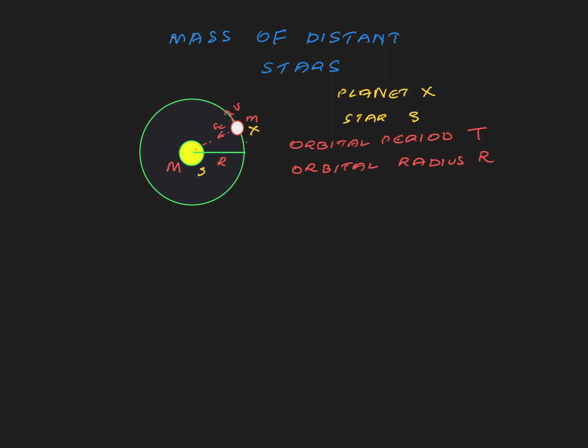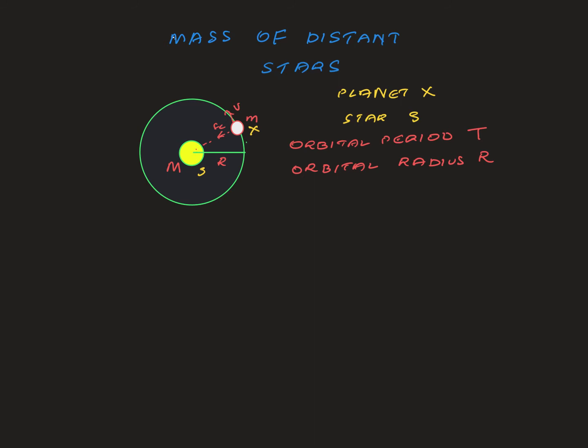We know the period T and the orbital radius r. We use the universal gravitational law for the force, and equate that with the centripetal force, because the centripetal force is provided by the gravitational force.